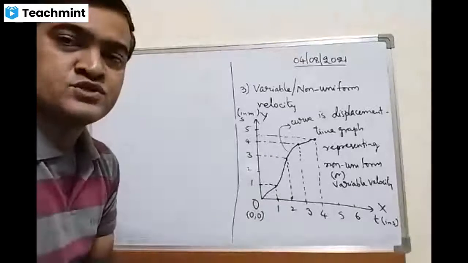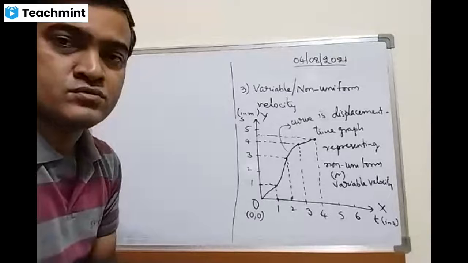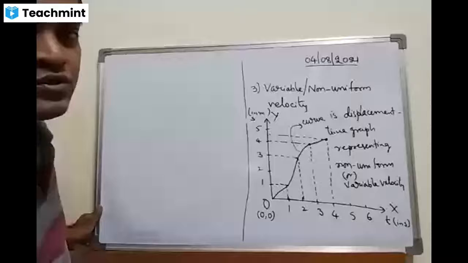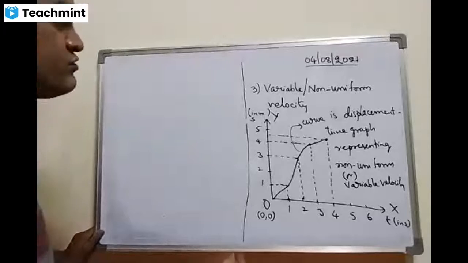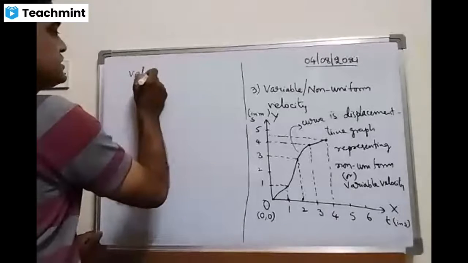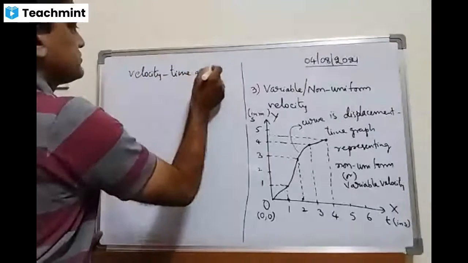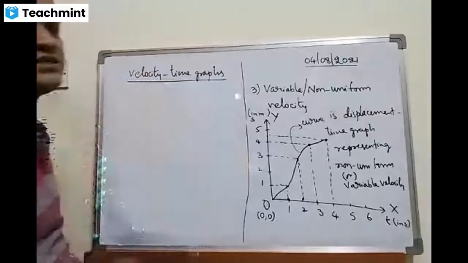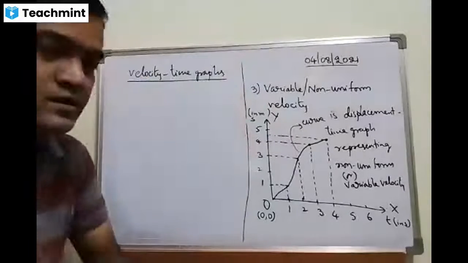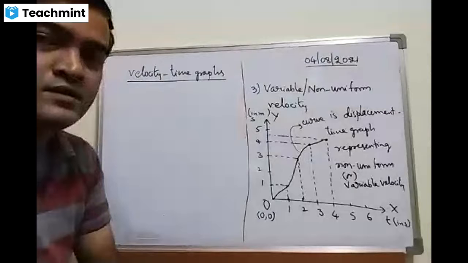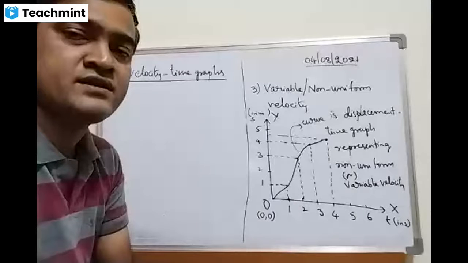Fine. Now let me show you velocity time graphs. Velocity time graphs, what does it mean? I'm going to plot time along x-axis and the velocity along y-axis.